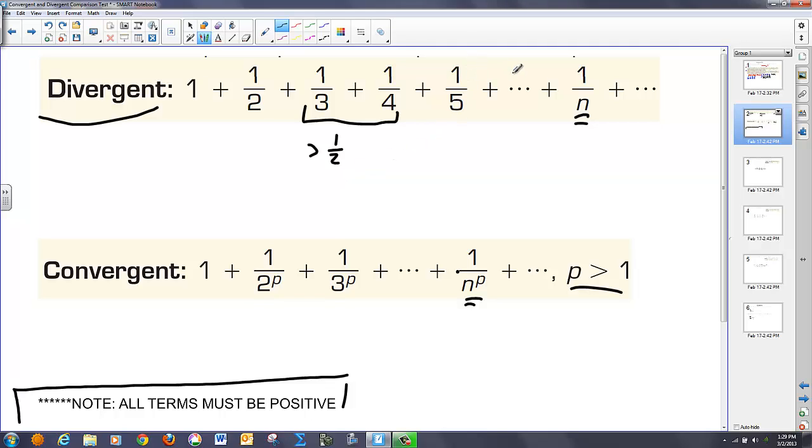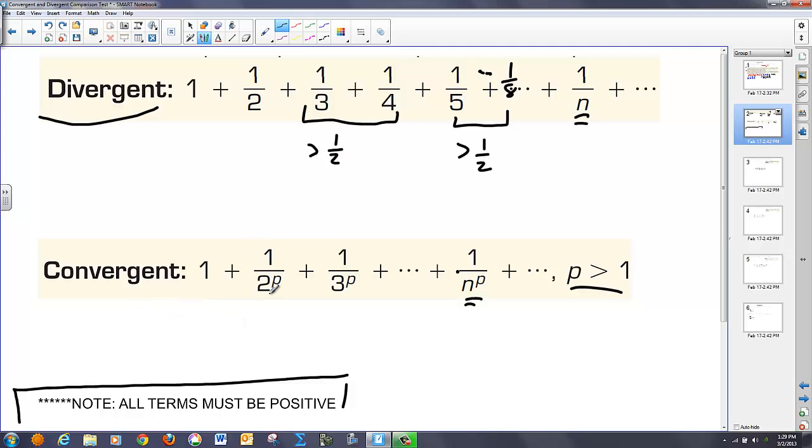If I go from 1/5 all the way out to, let's say, 1/8, and I group all those terms, those numbers are greater than a half, etc., etc., etc. So as I group more and more terms like that, I'm finding that I'm adding a half over and over again. And that's like an arithmetic series, and we know arithmetic series diverge. So that's why 1 over n diverges.